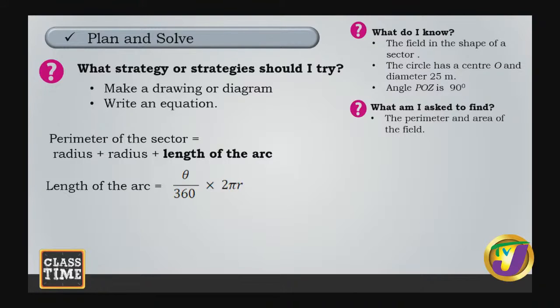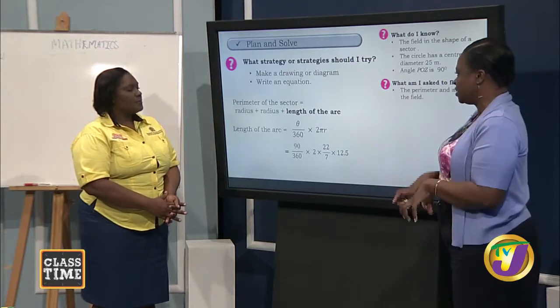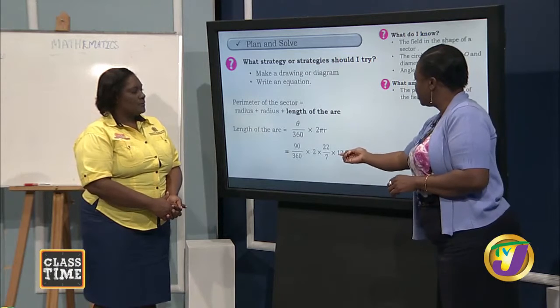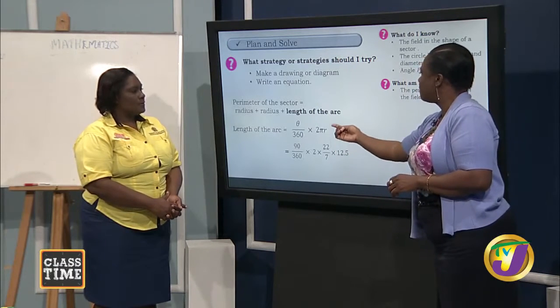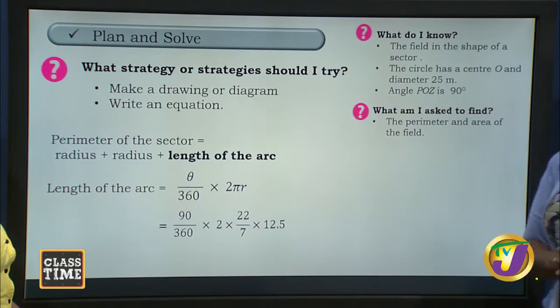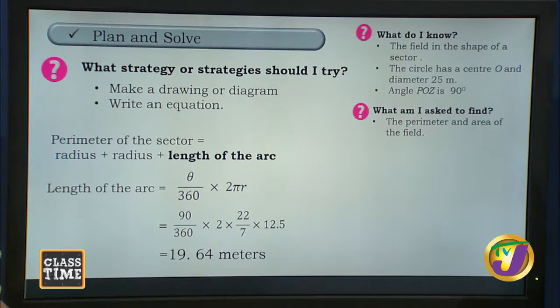If we divide the diameter by 2, we find the radius to be 12.5 meters. And of course, we would have known how to find the length of the arc. So we would have written our equation and plugged the information into it, using pi equal to 22 divided by 7 and the radius of 12.5. It would be basic computation, and we would have got our 19.